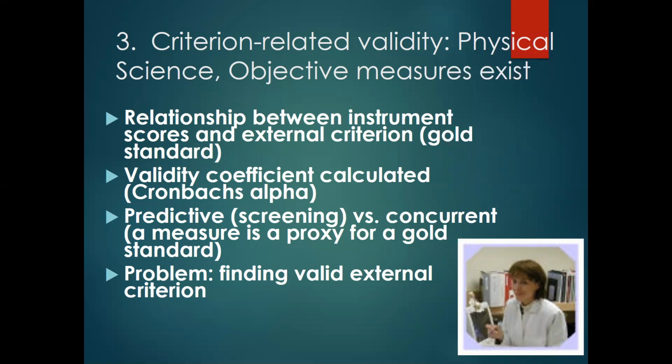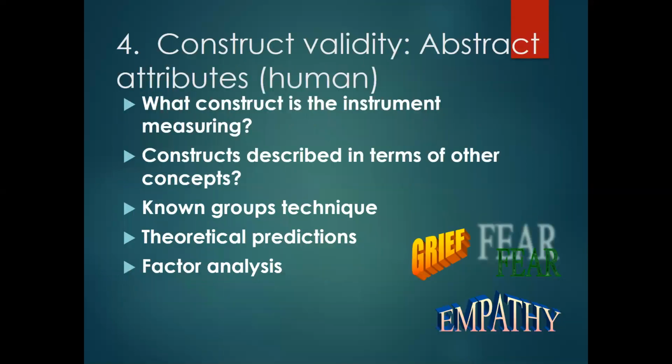So it's a measure that's done at the same time, and it's meant to be a proxy for what you are actually interested in, the criterion that you're really interested in. But it's very difficult to find valid external criteria with criterion validity.